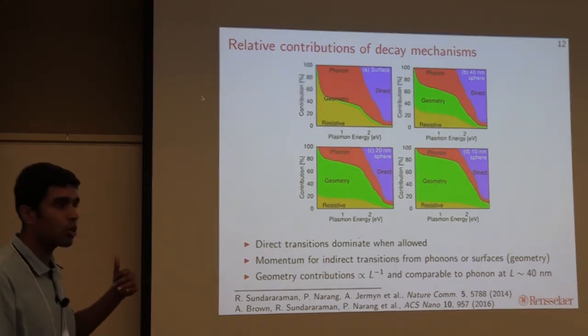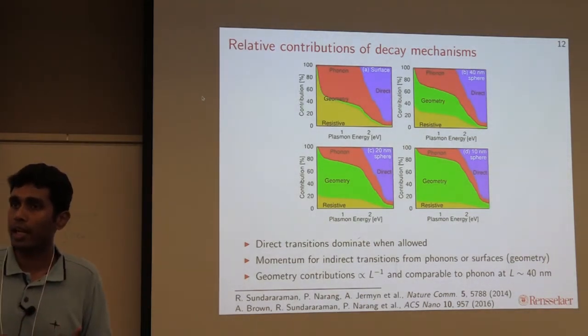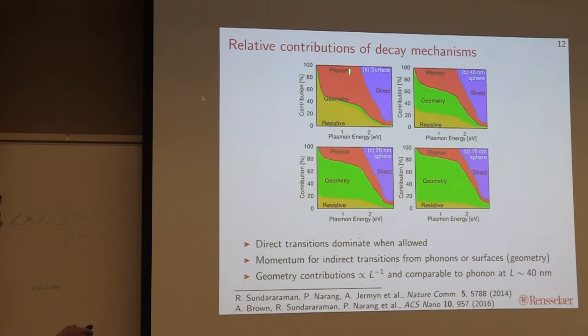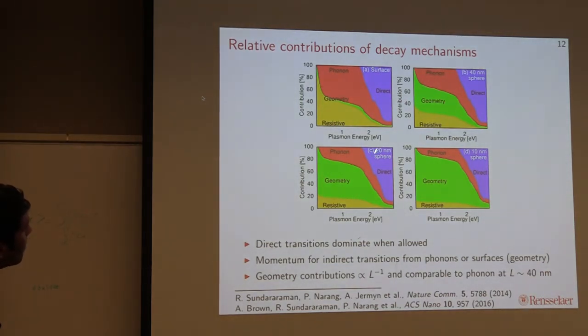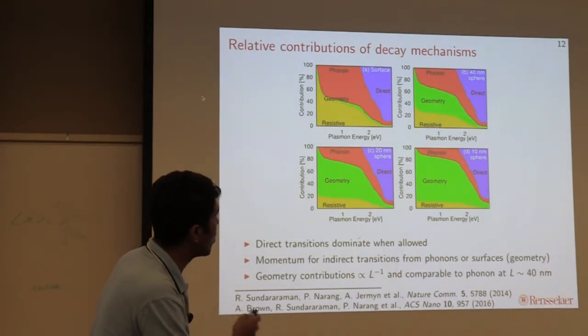But when you're below that threshold and not able to do the vertical transitions, then you have to do these indirect transitions, which are either based mostly on phonons, and this resistive one is basically another phonon effect in the bulk material, or you can have these geometry effects which increase in magnitude as you make the particles smaller. So in the bulk surface, you have very negligible geometry effects, mostly direct and phonon based processes. And as you make the particles smaller, those uncertainty principle based contributions increase till they become dominant below 10 nanometers in size.